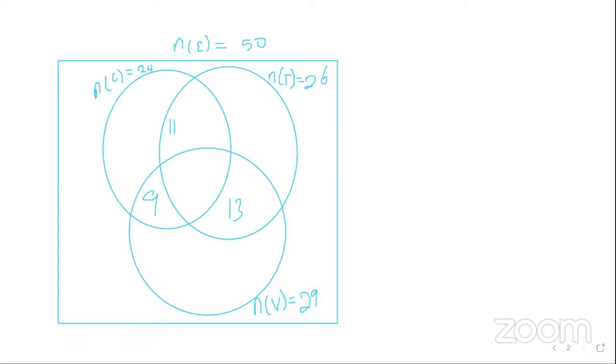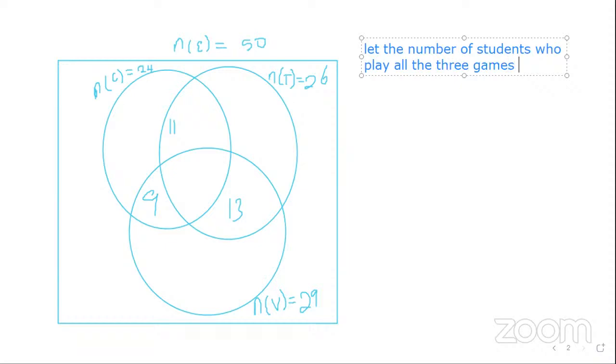And I will state and say, let the number of those who play the 3 games be X. On my Venn diagram, I'll get a small portion on that set where the students who play all the games, I write their X. But on my set, I've not been given those who play chess only, tennis only, and volleyball only.